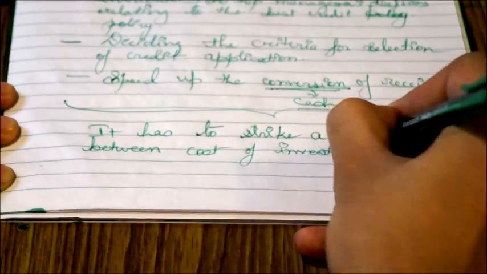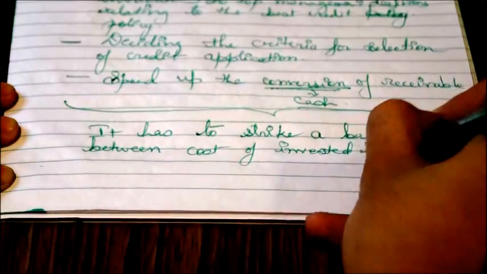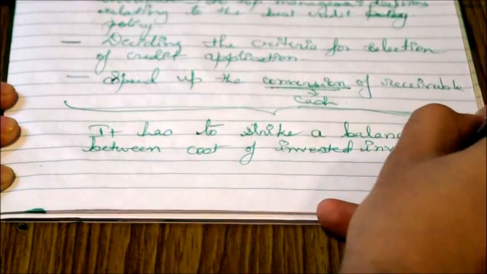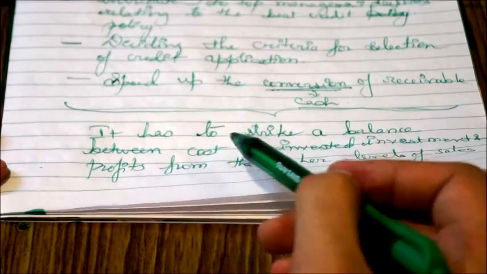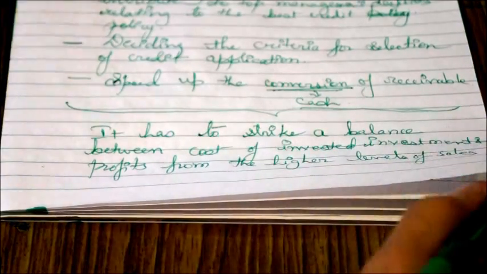With the increase in receivables, there is a cost with the increase in the investments. So he has to strike a balance between cost of increased investments and profits from the higher levels of sales.